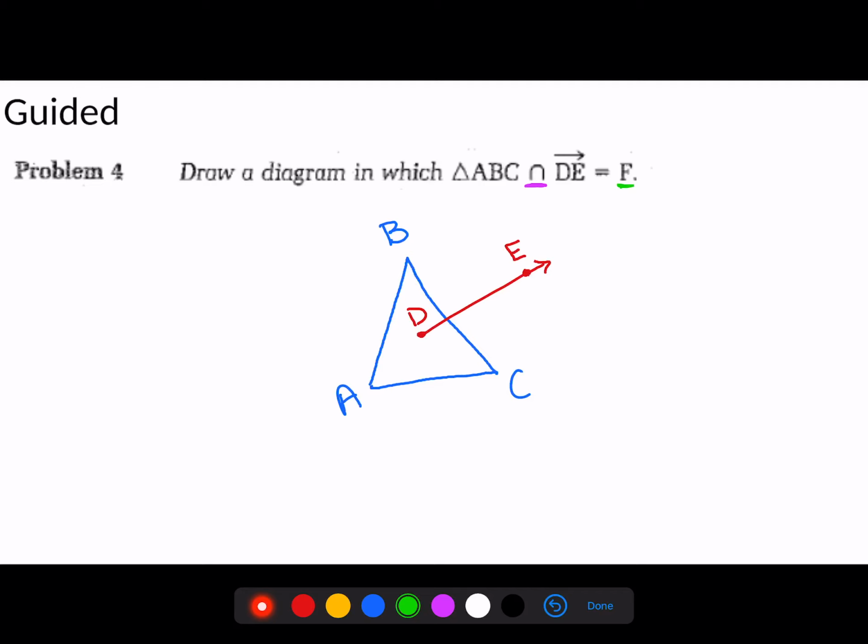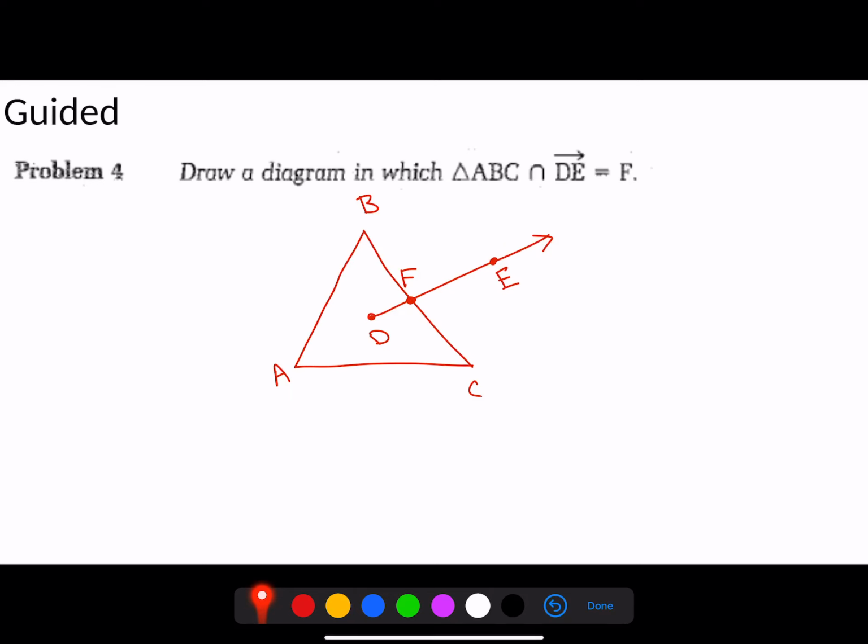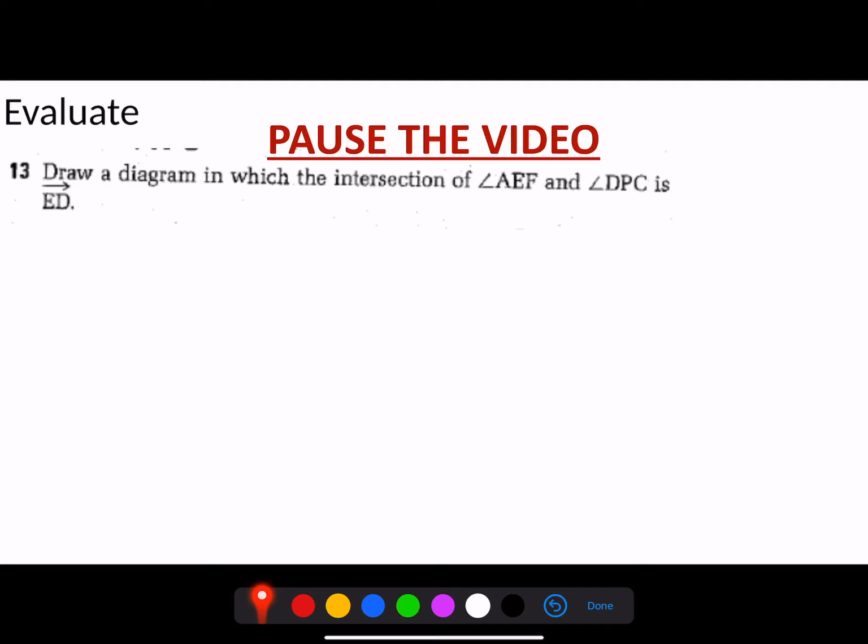And then E is going to be on the outside here. And in between those, we're going to have point F, where they intersect each other. Well, if I have two things intersecting each other, it's where they cross. So point F should be right on our triangle there. So if I look at this, I have triangle ABC intersects ray DE at point F. And there it is.